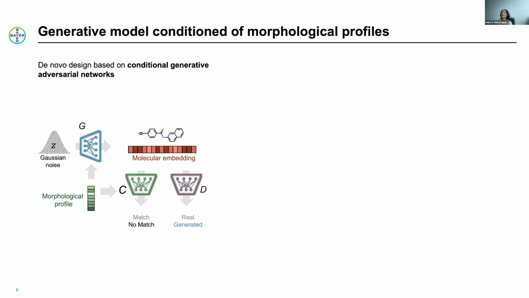This generator is trained in an adversarial manner with a discriminator that discriminates whether this molecular embedding is from a real or a generated molecule, and therefore forces the generator to generate real-looking molecules. It is also trained to maximize the prediction of a condition network, which takes the molecular embedding together with the morphological profile and predicts whether they match each other or not.